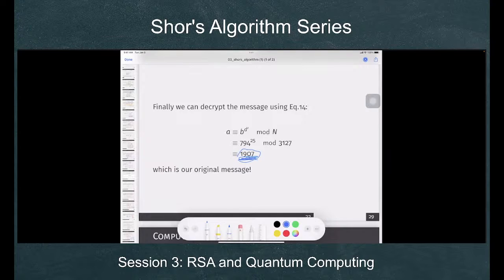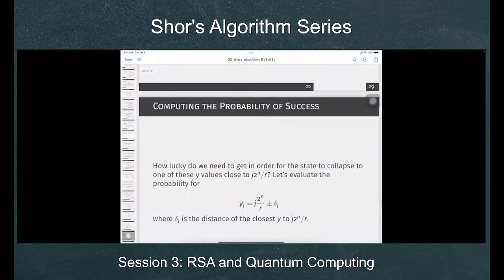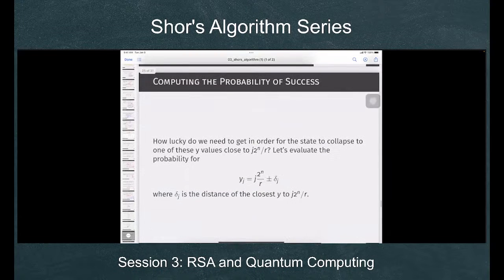So that's Shor's algorithm, no? Before we end, let's compute the probability of success. We want to compute the probability because quantum computing is probabilistic.